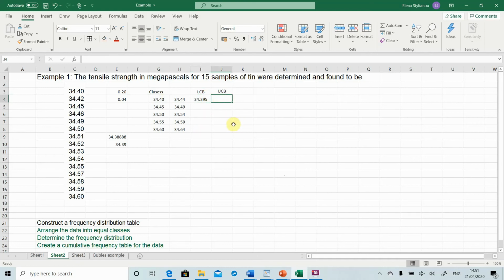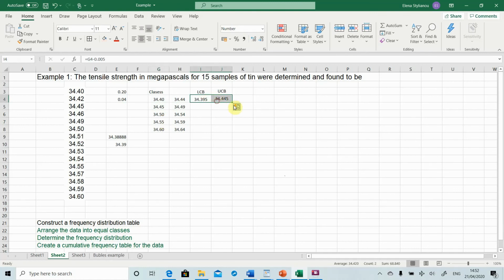To calculate the upper boundary for the class, you take the right-hand side limit and add 0.005. Why are you doing it? Because all data which were smaller than this value were rounded to 34.44, and whatever was bigger than this value was rounded to 34.45.